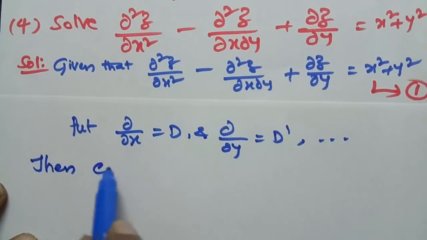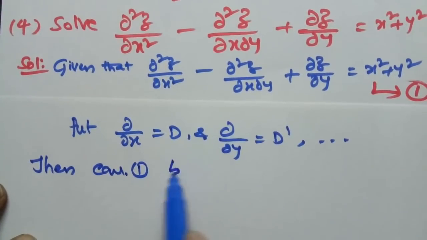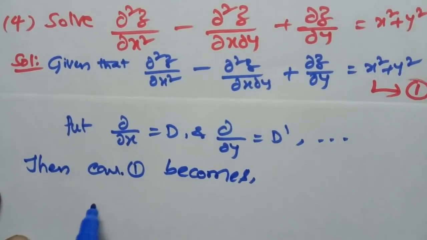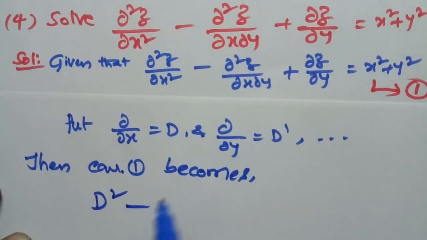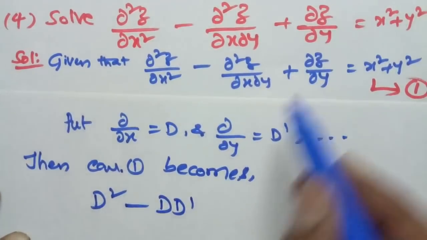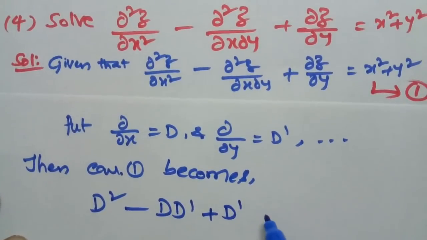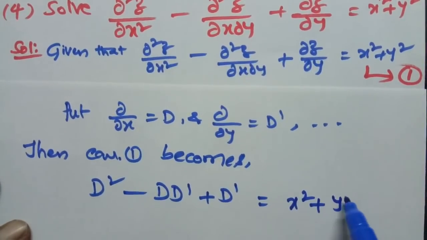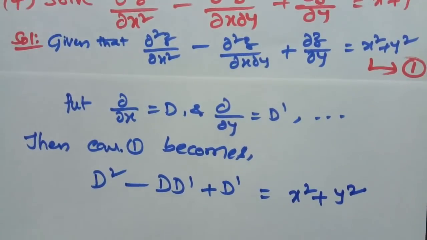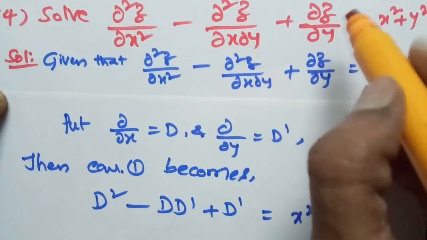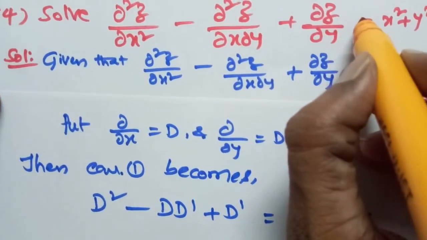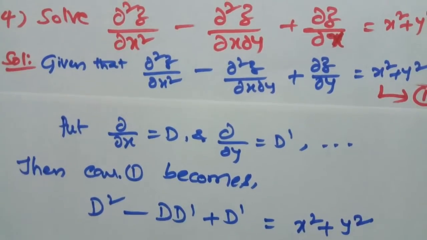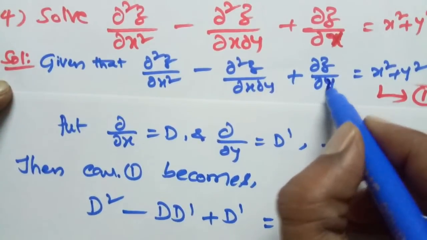Then equation 1 becomes D square minus D D dash plus D dash is equal to x square plus y square. Here in the given problem statement, x. So therefore we can write here also x.